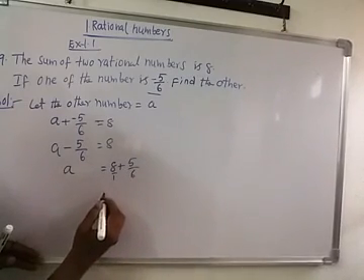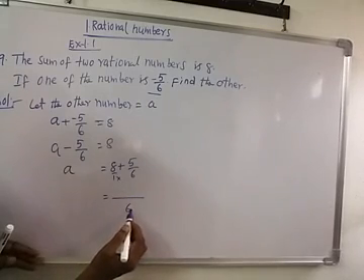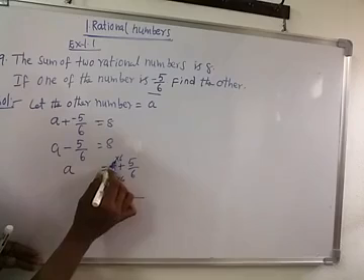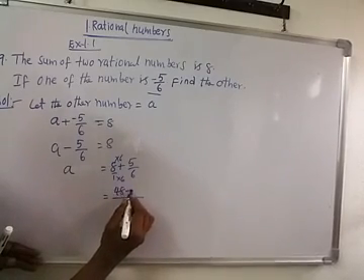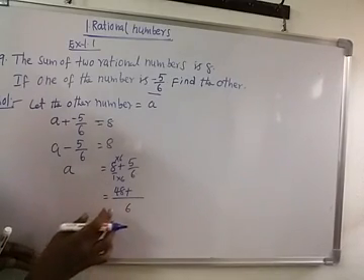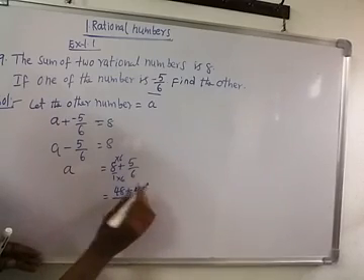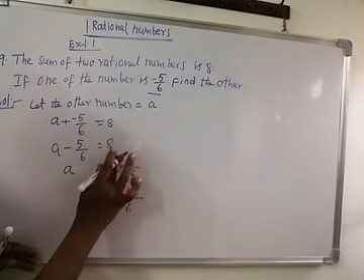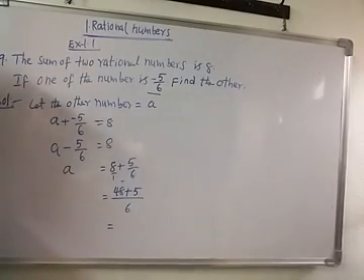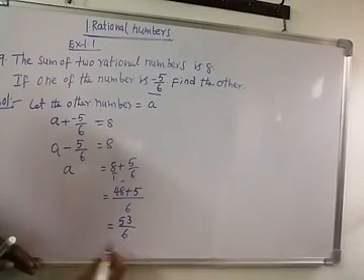Here the denominator of 8 is 1, so the LCM is 6. Multiply 8 by 6, we get 48, plus 5, since the denominator stays the same. So 48 plus 5 is 53, that is equal to 53 by 6.